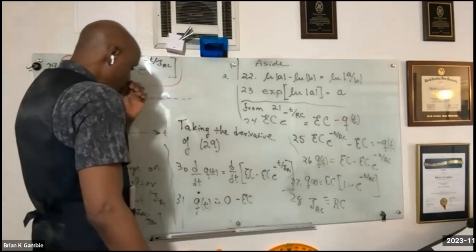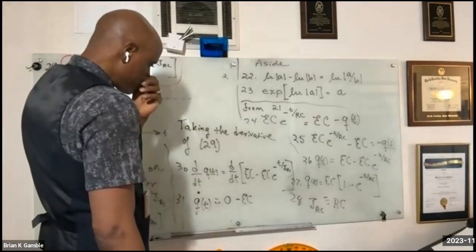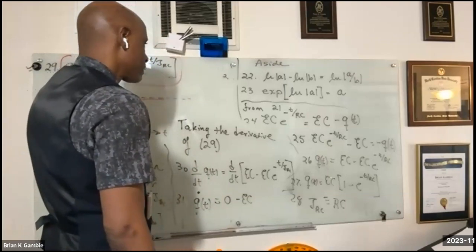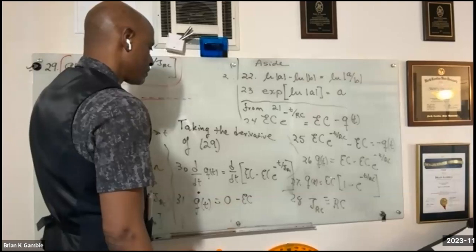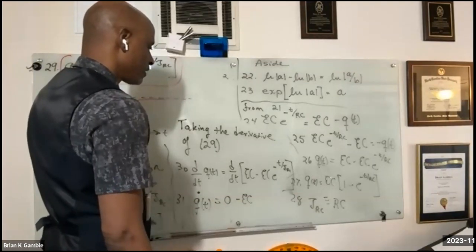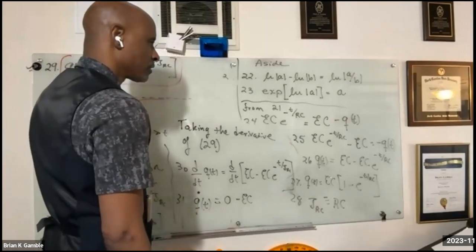What's the derivative of an exponent? It's 1 over tau times the constant times the exponent again, right? We're doing that right.